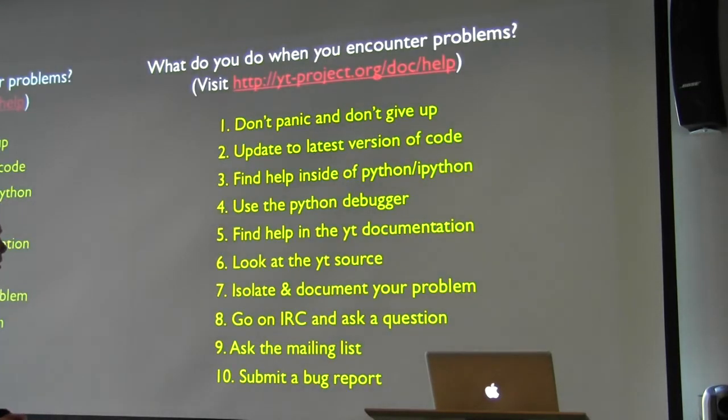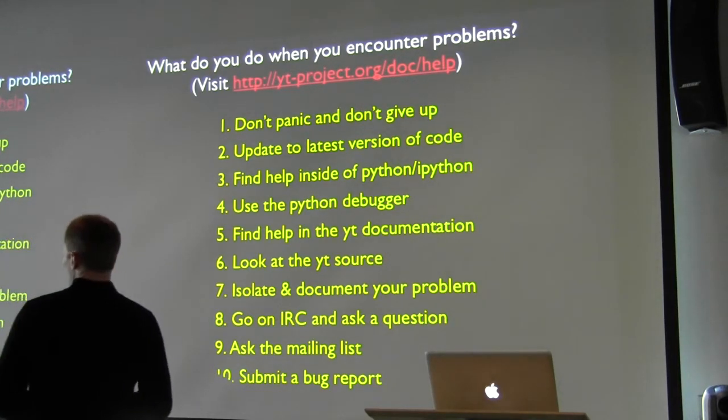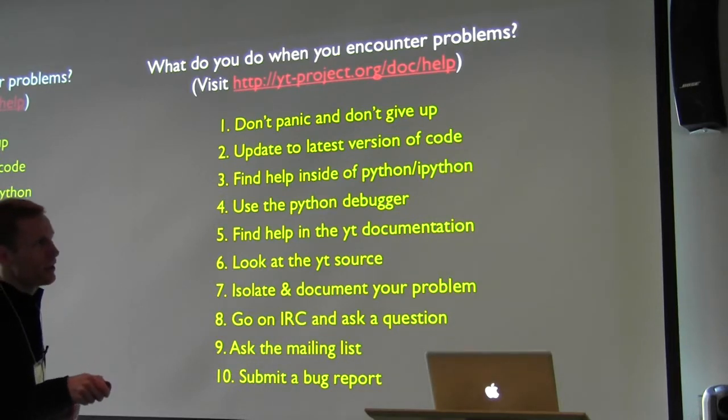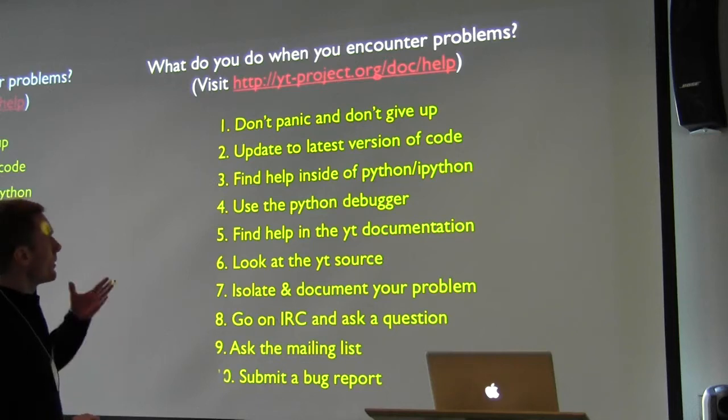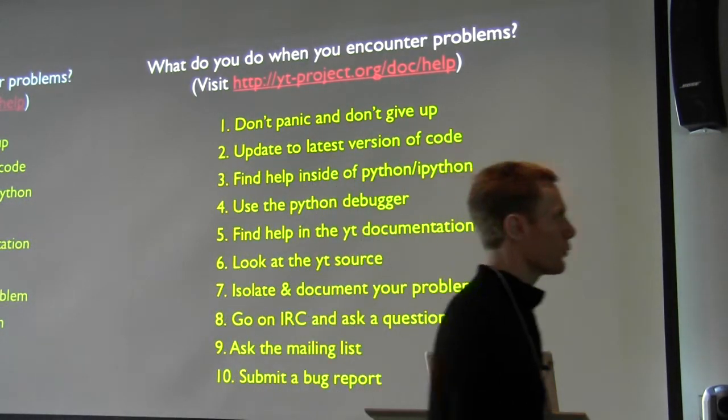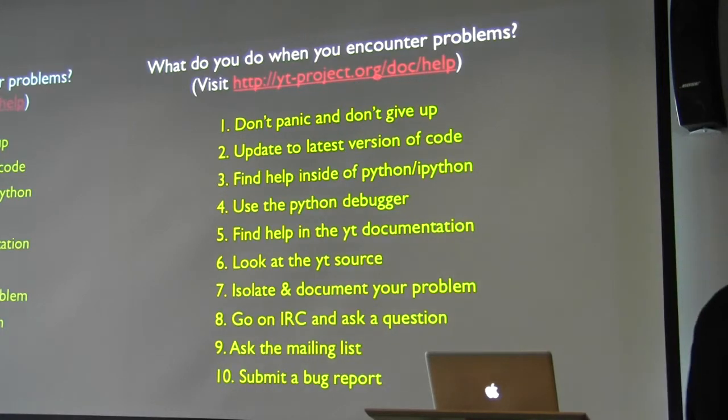So there's a long laundry list here that we're going to cover item by item, so you don't have to write this down. The first thing is at the top here, there's a link, which is basically this list, although not as detailed. I'm going to update the list on the web, but you can always go there. It's linked as how to get help on the YT docs webpage.